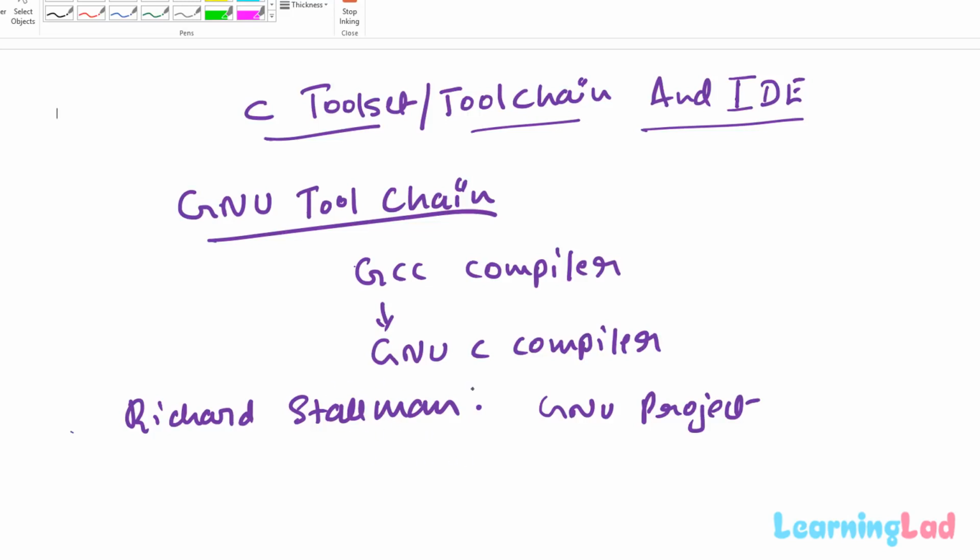When it was created, the GCC compiler supported only the C language, and that's why GCC meant GNU C compiler. But over time it has grown to support many languages such as C++, Objective-C, Fortran, Ada, and many more.